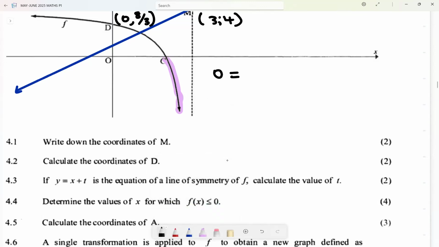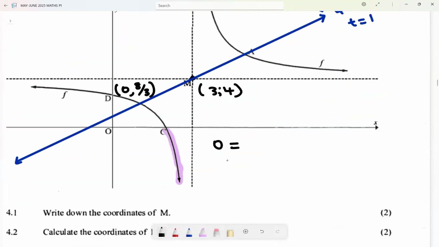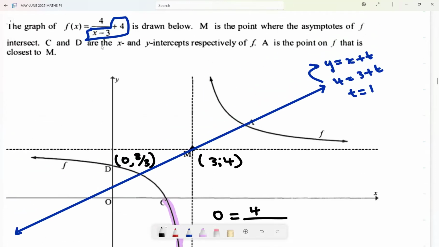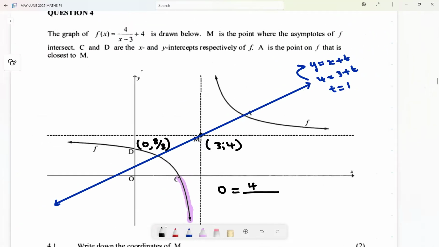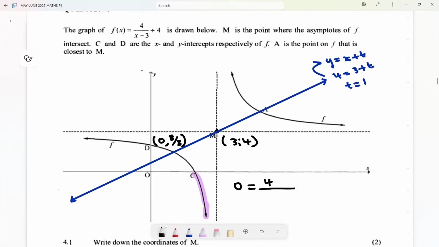0 is equal to, what is my equation? 4. Guys, is it negative 4? Guys, I think it's negative 4 here. Why? Because, no, it's positive 4.